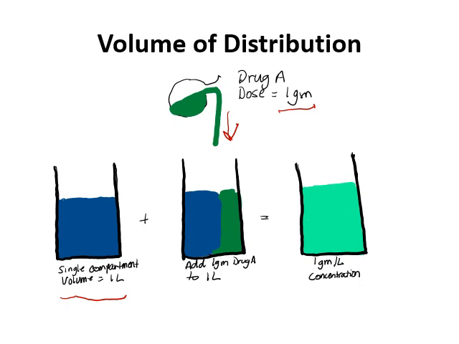So we're going to say that this is plasma, and this is what plasma looks like before you inject the drug. Now you're going to inject your 1 gram of your drug. Say we are given 1 gram of ANSEF. So we're giving 1 gram of ANSEF, and we're going to add that to our 1 liter compartment.